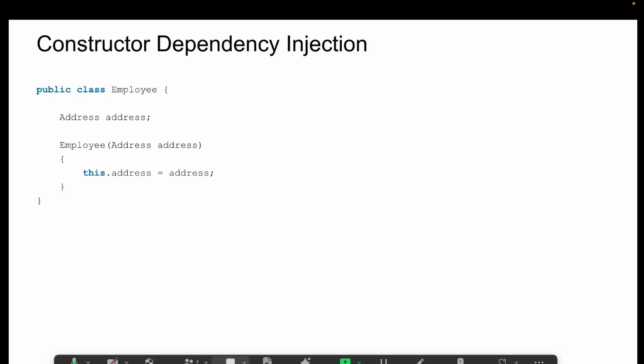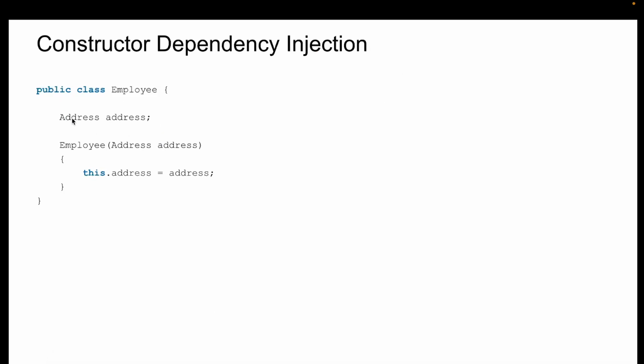Yes, so this is a user defined data type address. This address is basically a class, and in the class you have some data members. It can have a string street name, it can have a zip code of integer type, and it can have some state name that is also a string.